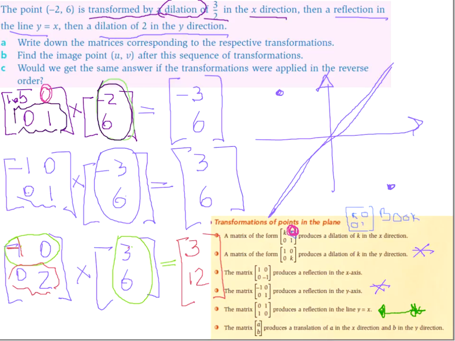If it was -1, then it would be -3 there. But it still doesn't make 6, isn't it? Oh no, sorry. No, that's not right. Sorry.